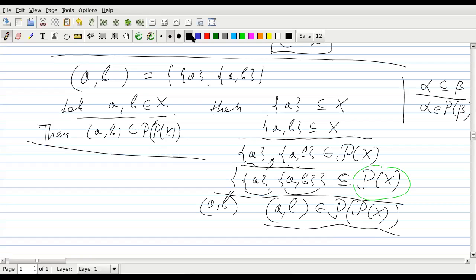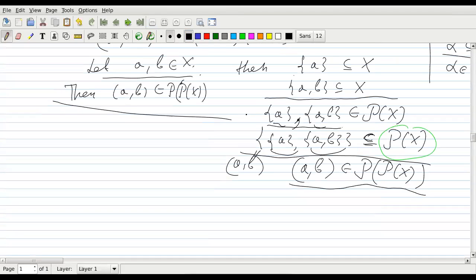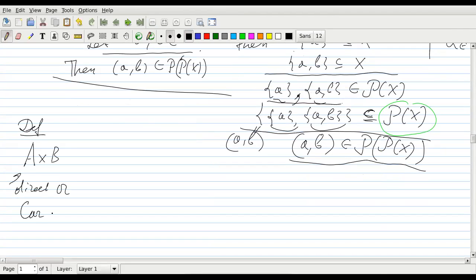And after this step, we may freely construct the set, which is called the direct or Cartesian, from Cartesius or Descartes, who was a classical mathematical author, direct or Cartesian product of two sets. What is it?